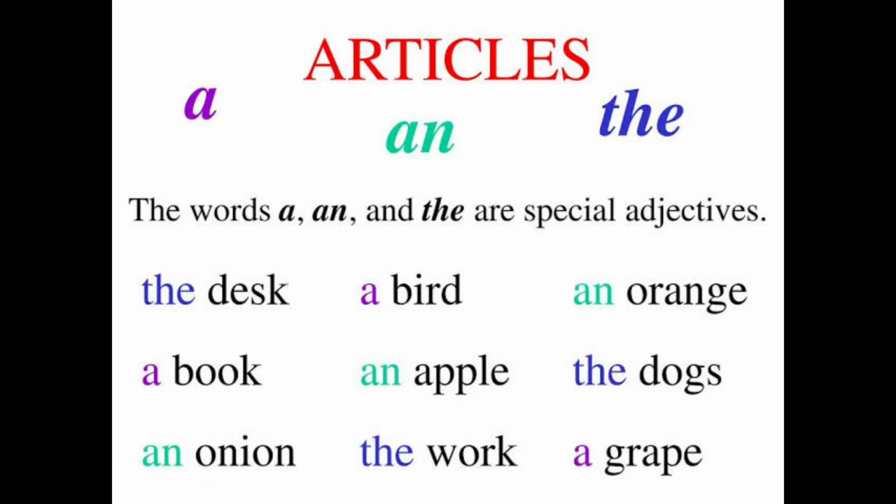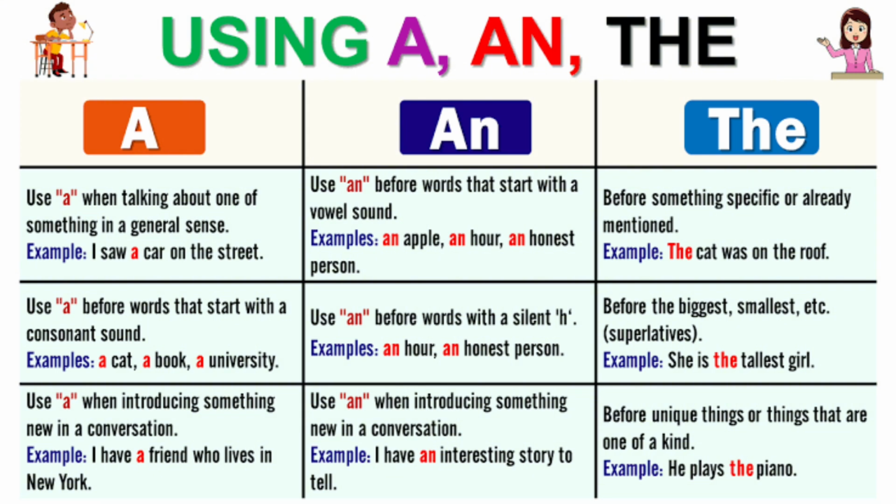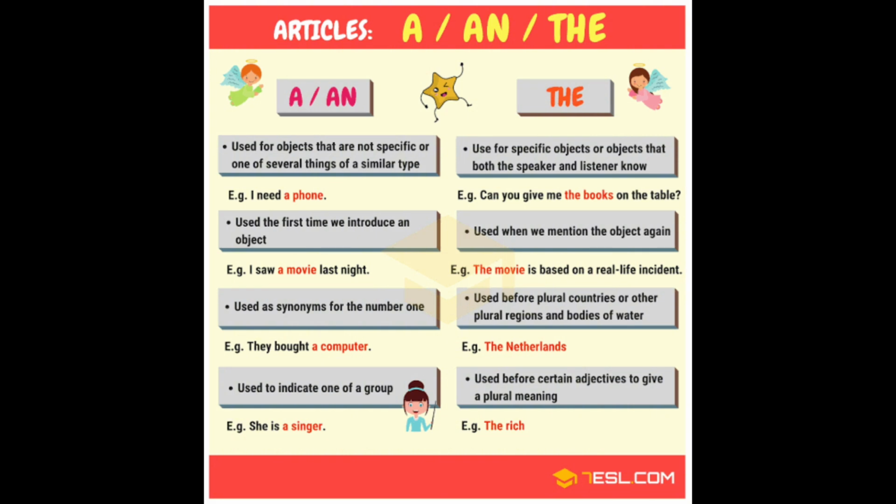Justification, no article is needed when referring to books in general. 2. Repeated mention. Use a or an when mentioning something for the first time, then switch to the for subsequent mentions. Example: I saw a dog. The dog was barking loudly. Justification: a dog introduces the noun, and the dog refers back to it.